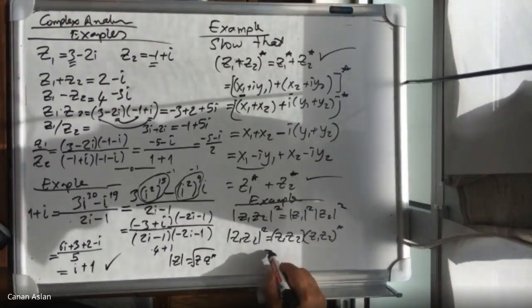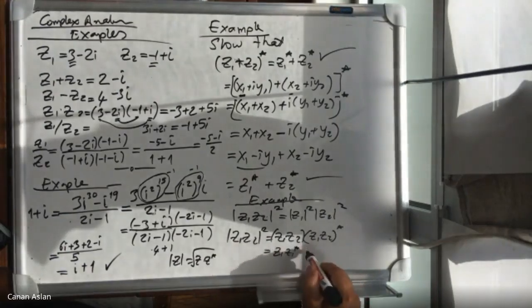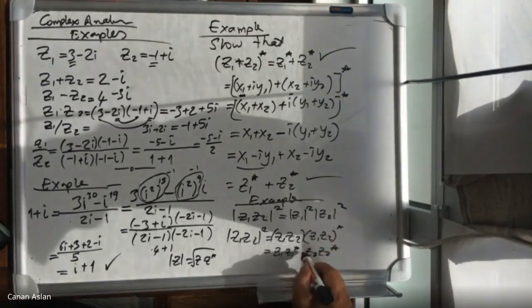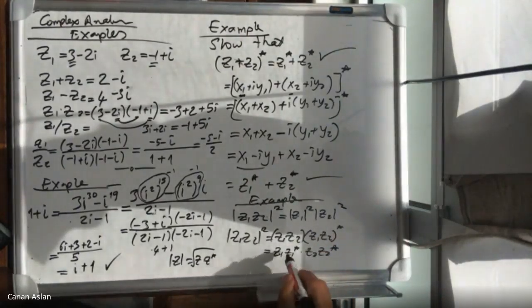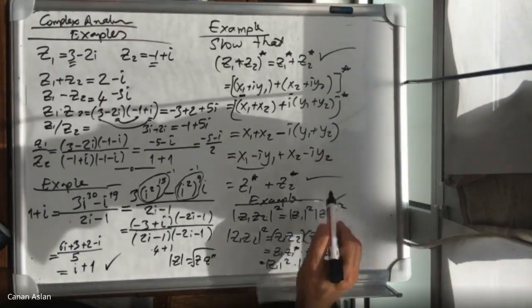I'm just replacing this as Z1, Z1 star, and then Z2, Z2 star. Nothing changes. We can just change the order of this product. Everything is multiplied again. But now this Z1, Z1 star is just the magnitude of Z1 squared, times the magnitude of Z2 squared. So it checks. So this is also correct.